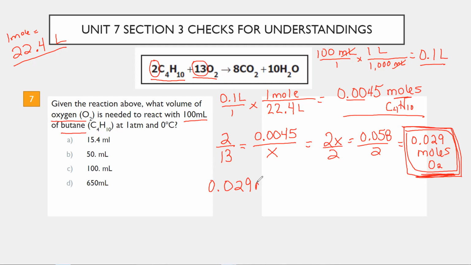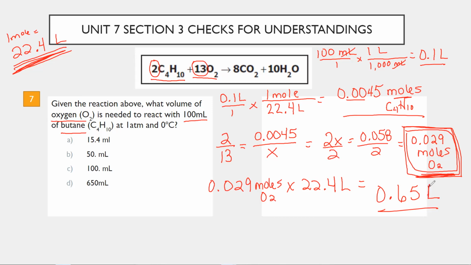0.029 moles of O2, and we know every mole of gas has 22.4 liters. Okay, and this is going to give you 0.65 liters. All right, now you're like, what the crap? I don't see 0.65.